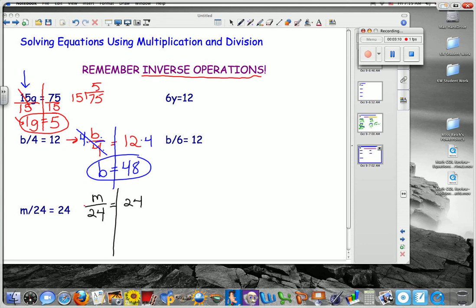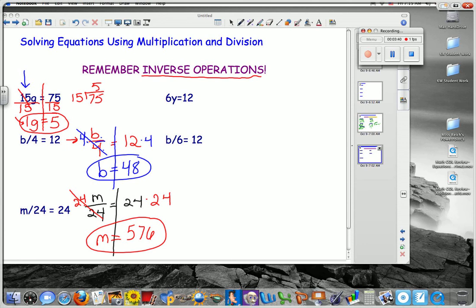So I'm going to do the inverse operation and I'm going to multiply it by 24. Cancels it out. And I'm going to multiply this side by 24. I'm left with m equals the product of 24 times 24, which is 576. I'm not going to do the math, but you would have to do the math, obviously. Okay?